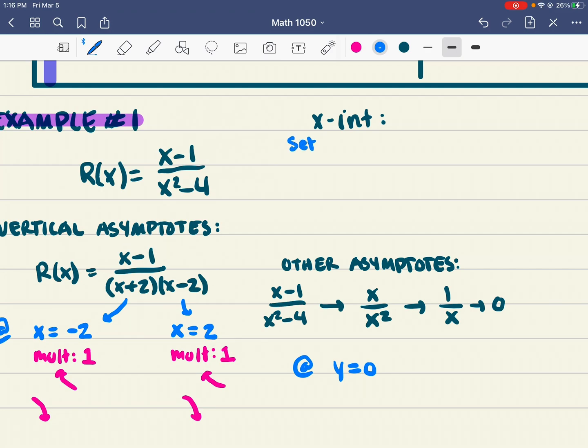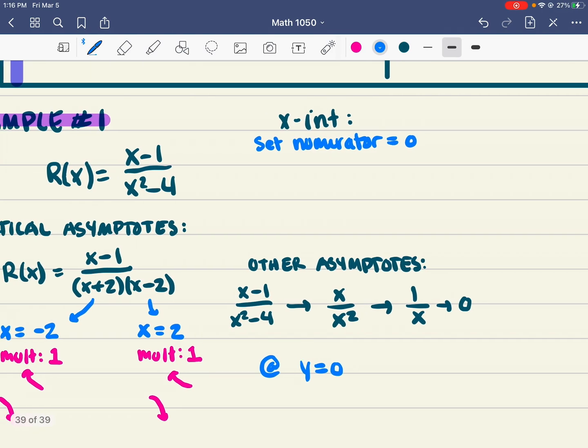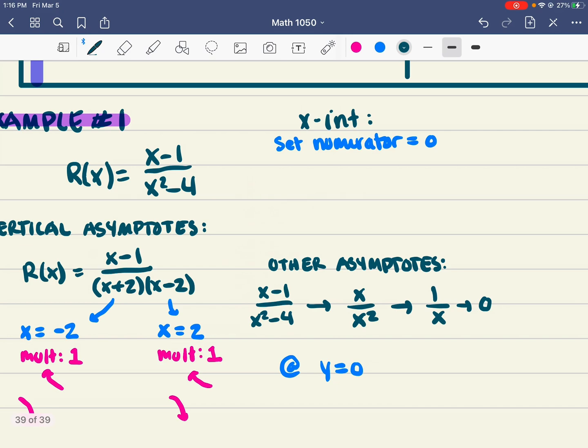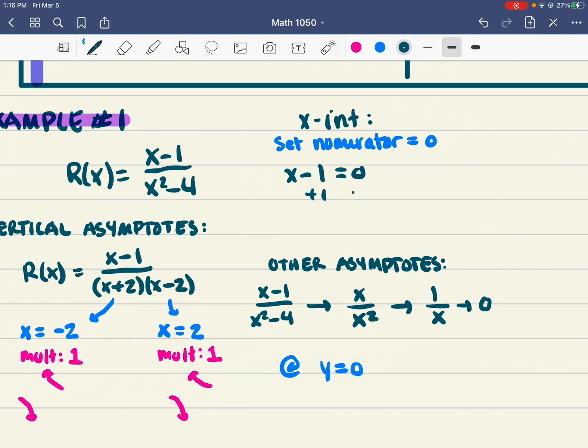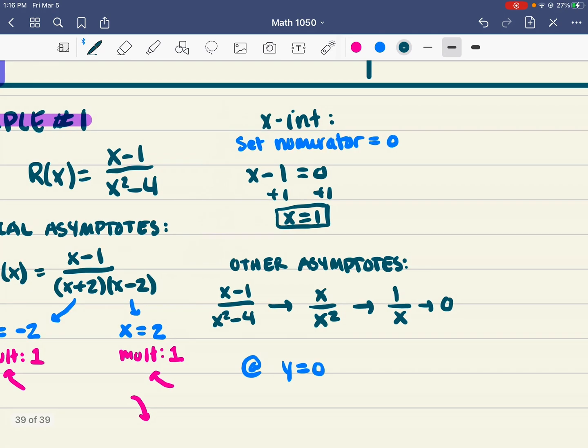So you set the numerator equal to 0, and that's what gets you your zeros, or your x-intercepts of this function. So the numerator in this case is x minus 1, and I'm going to set that equal to 0. I'm going to add 1 on both sides, and then it gets me the x-intercept at 1, right?